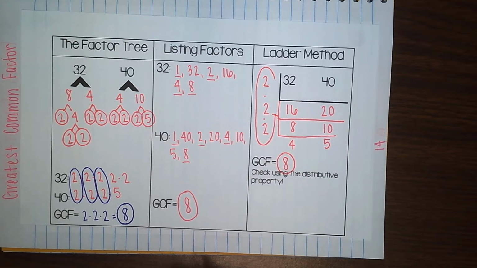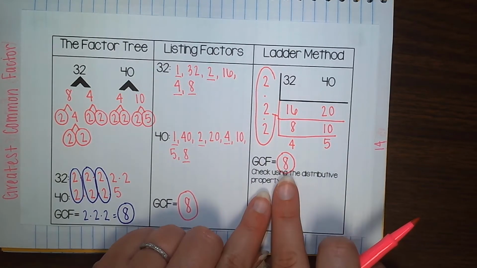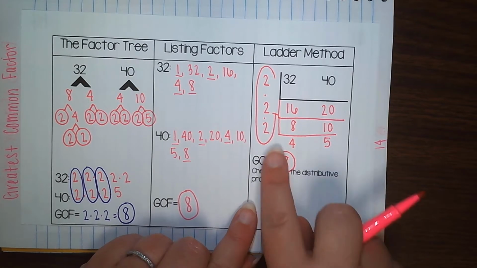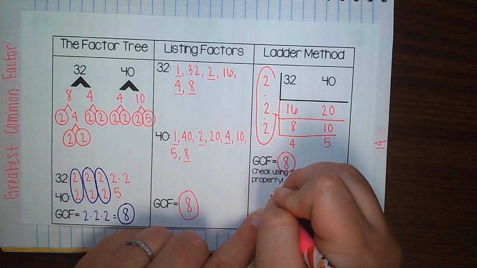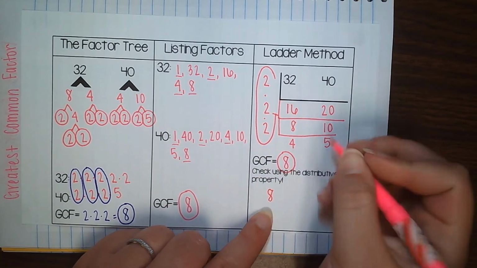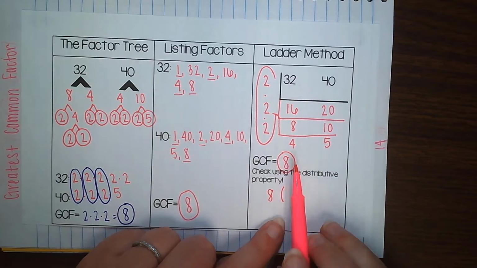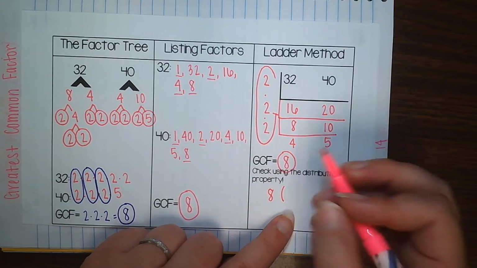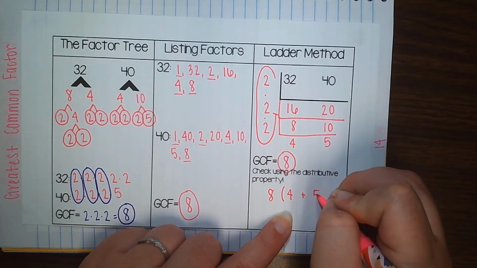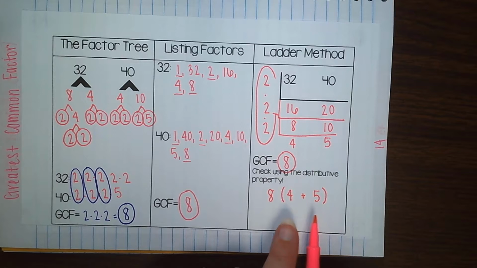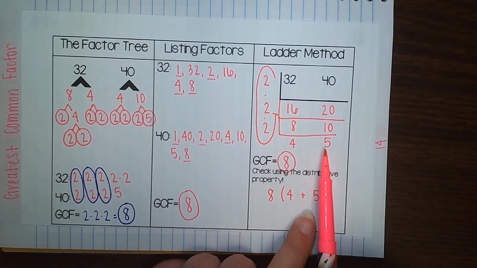Now it says check using the distributive property. The distributive property is one of the most important properties that we learn about in the 6th grade. So what that means is you're going to take the number on the outside, the number in the G, so for us that would be 8, and distribute that to what's on the inside, so we had 4 plus 5, that was our leftovers.